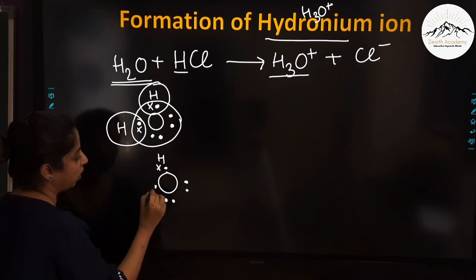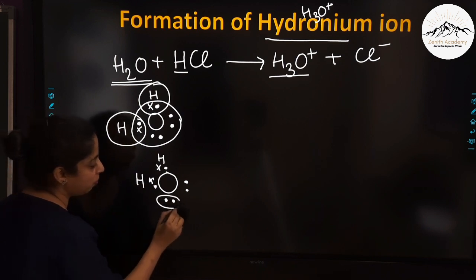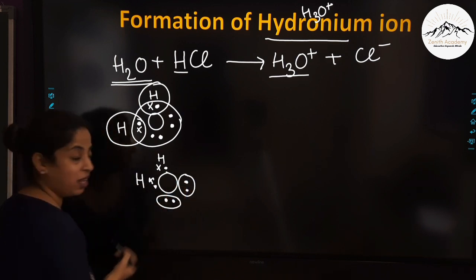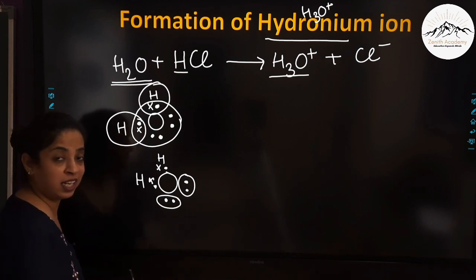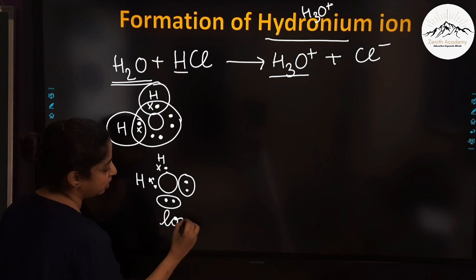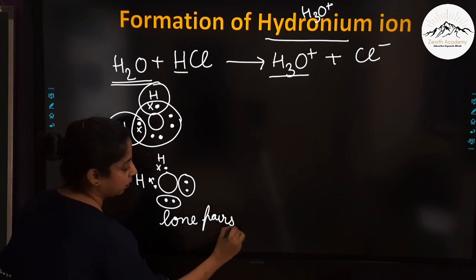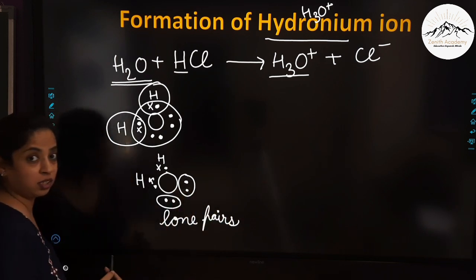I'm drawing it again. So in this water molecule, these 2 pairs of electrons remain as they are. They are not bonded with any other atom. So these 2 pairs of electrons are known as lone pairs of electrons. They are alone, they are not with any of the other atoms.